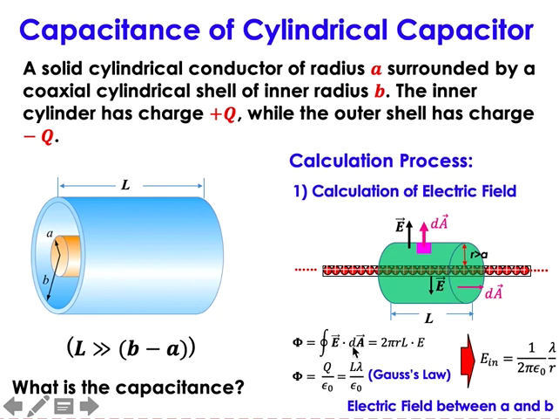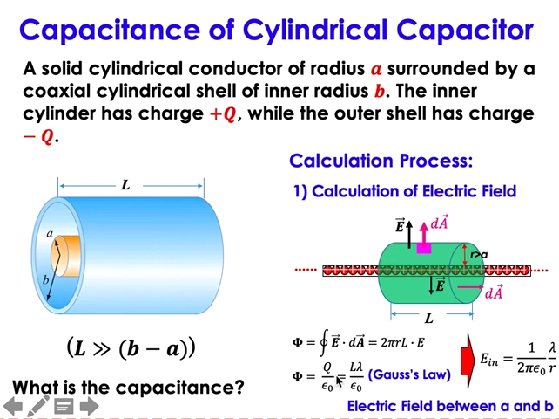And the total electric flux should be equal to 2 pi r, where r is the radius, 2 pi r times L, this is the circumference, and then times the electric field E. Based on Gauss's law, total electric flux is equal to total charge divided by epsilon 0.